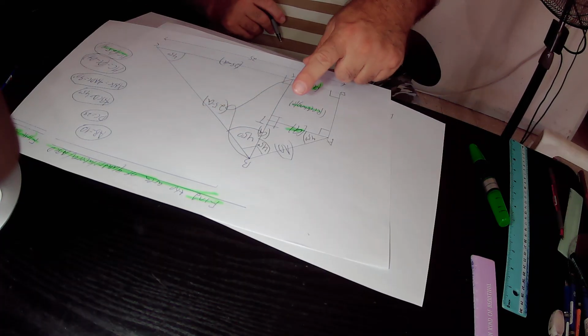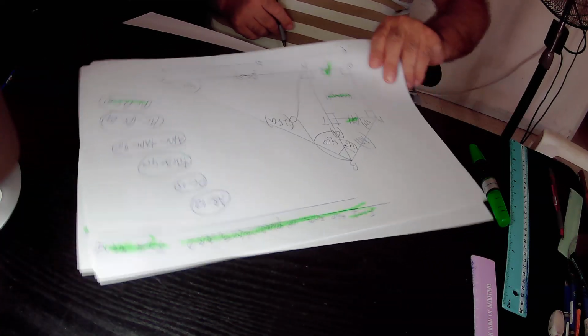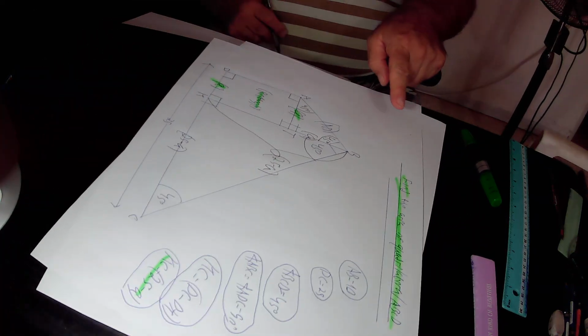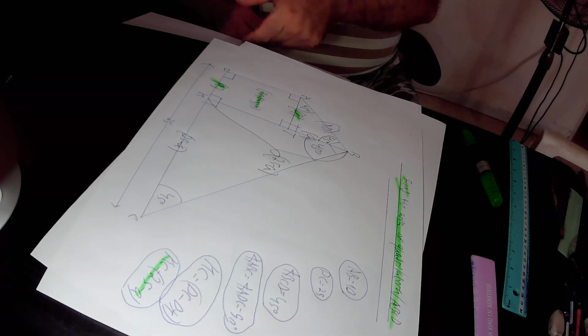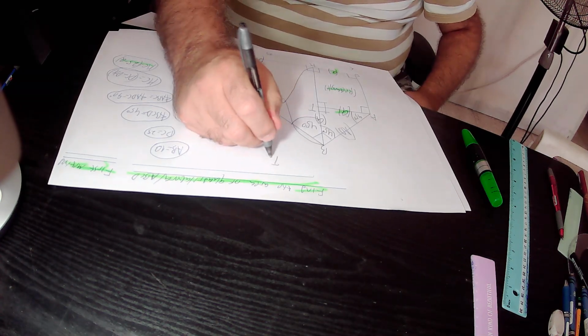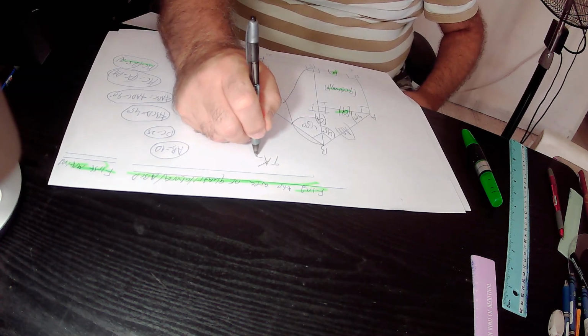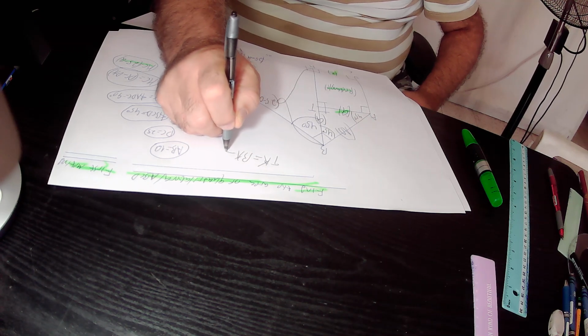What is the length of side TK? From the drawing, it is very easy to see that TK equals BK minus BT. Again, BK minus BT equals TK. So TK equals BK minus BT.